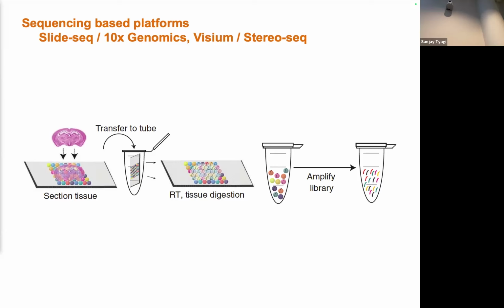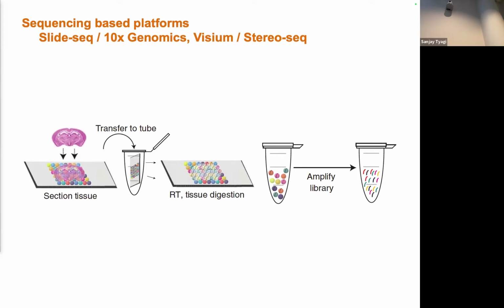They'll provide you a slide, and then your tissue goes on top of it and sticks to it, and you have proteinase K that lyses the cells, RNA comes out and gets captured by those oligos, and you do reverse transcription. Once you do reverse transcription, the RNA sequence gets linked to the barcode, and you can do deep sequencing, and you can go back and deconvolve the XY location from there.